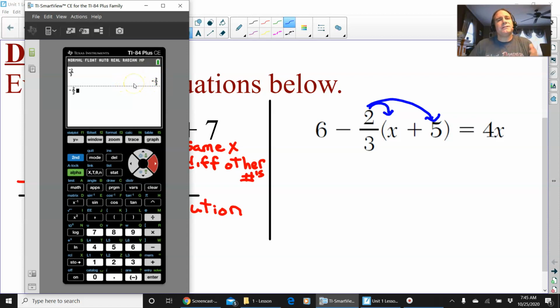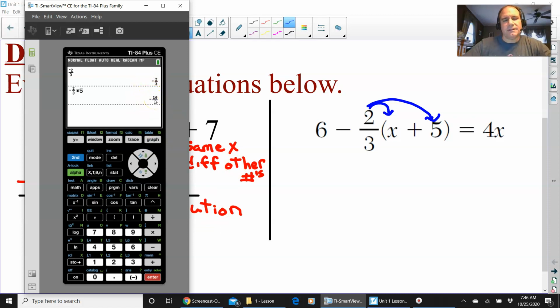Let me show you how I press negative first, then alpha x to bring up the fraction, and then put 2/3. Either way, it does not matter. I just wanted to show you the different ways of putting that in. So it's negative 2/3 times 5 is that second part, and it's negative 10/3.